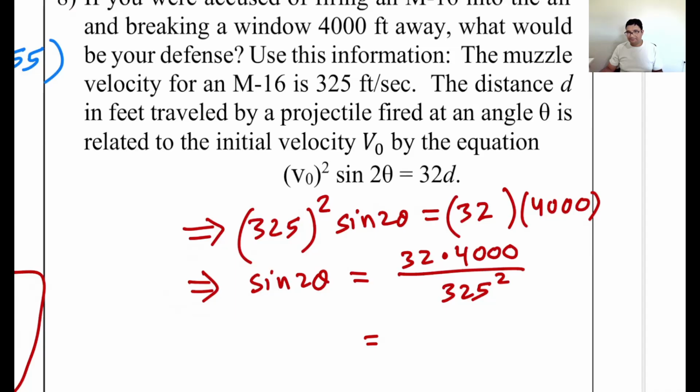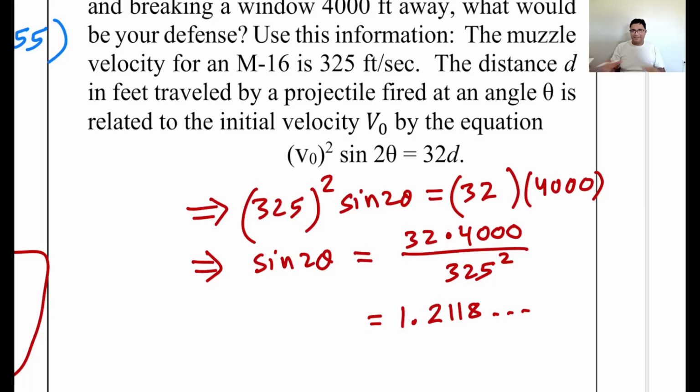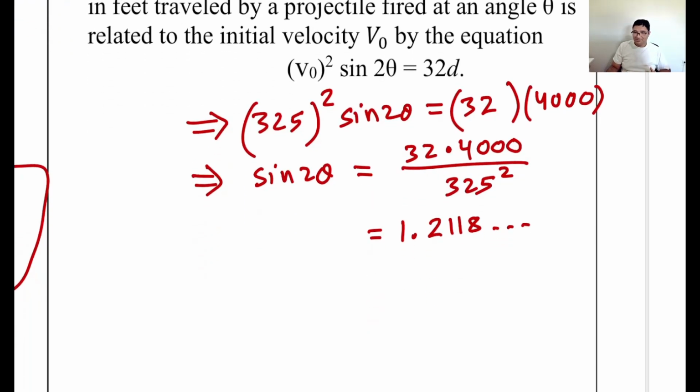That's the first thing. Okay. You get this: 1.2118 and some more decimals. But that's it. We're done here because what do we get? Sine 2 theta is more than 1. Remember, that's not the range of sine. Sine can take values only between -1 and 1. Okay. And that is your defense.